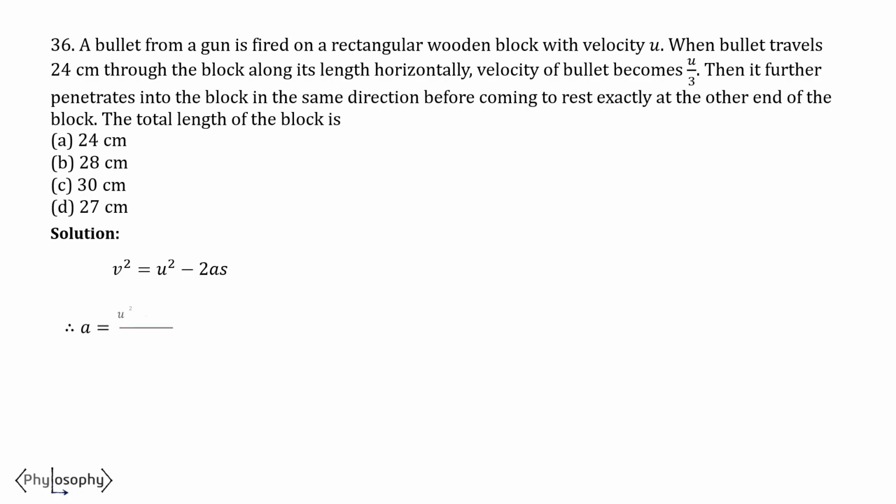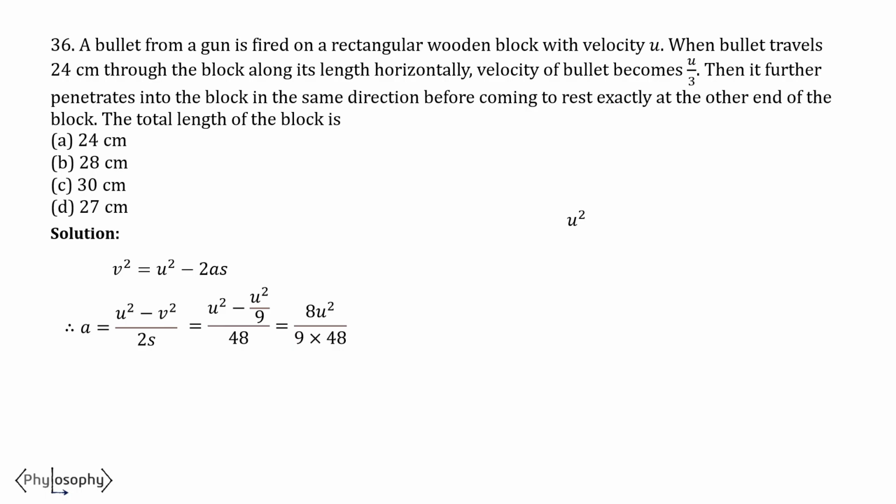Now this can be rearranged as a is equal to u square minus v square over 2s, which is equal to u square minus u square over 9 by 48, and this is equal to 8u square over 9 times 48. So this is the deceleration of the bullet, and then it further travels till the end of the block and stops, so the final velocity becomes v equals 0.